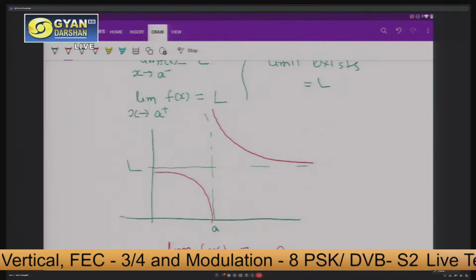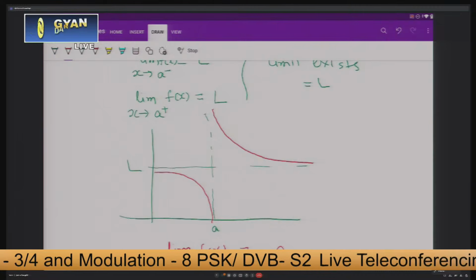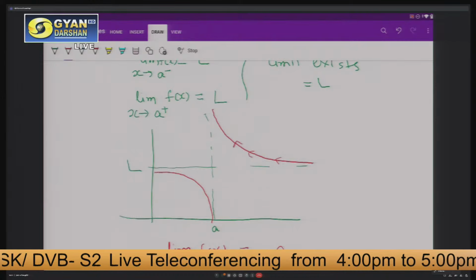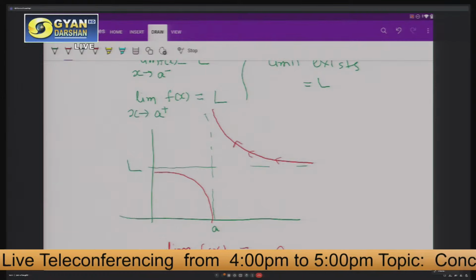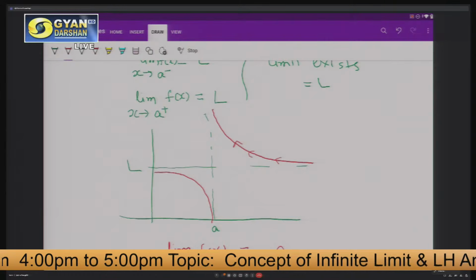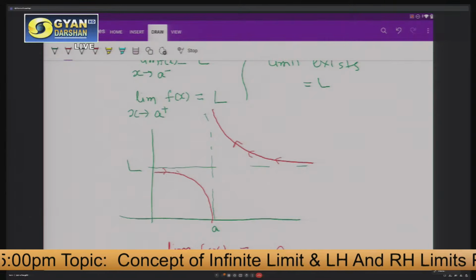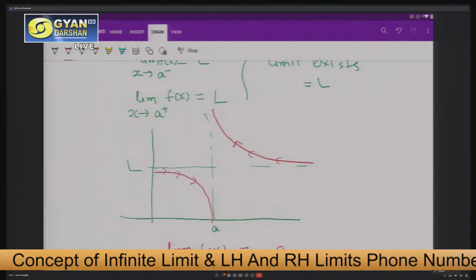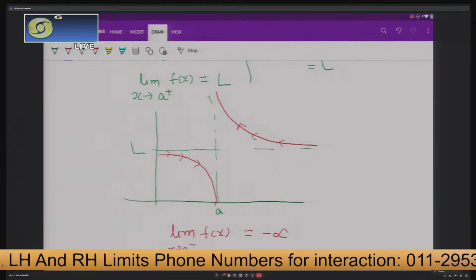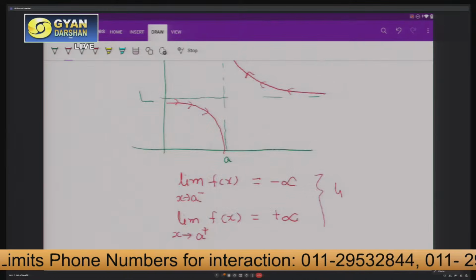So if you come from this side, this value will reach to plus infinity, whereas if you are coming from this side, this is going to reach minus infinity. So in this case, limit doesn't exist.